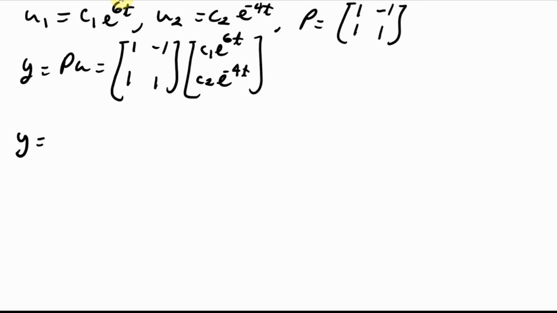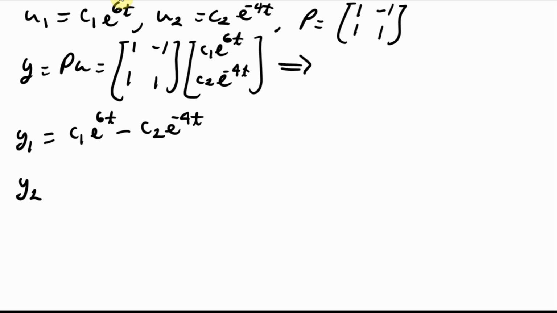And that gives us, just do the multiplication, so we get C sub 1. Guess we can say it like this, that Y sub 1 is the first one. So that's C sub 1 times e to the 6t minus C sub 2 times e to the -4t. And then this is being applied over here, so Y sub 2 is equal to multiply this row times this column.